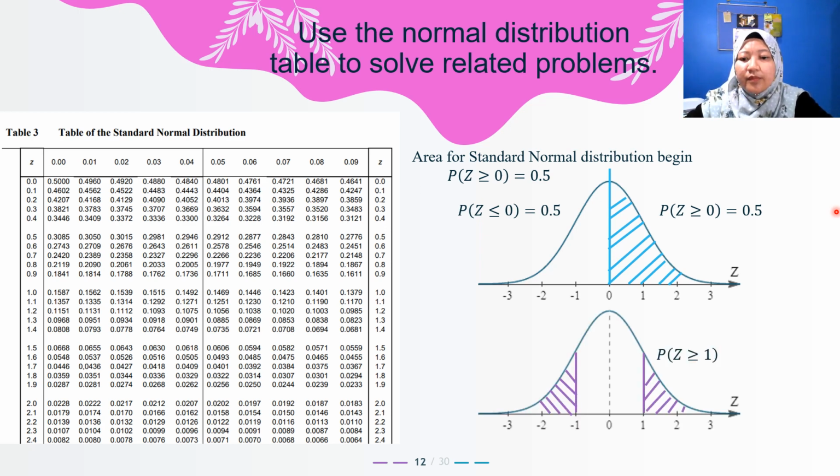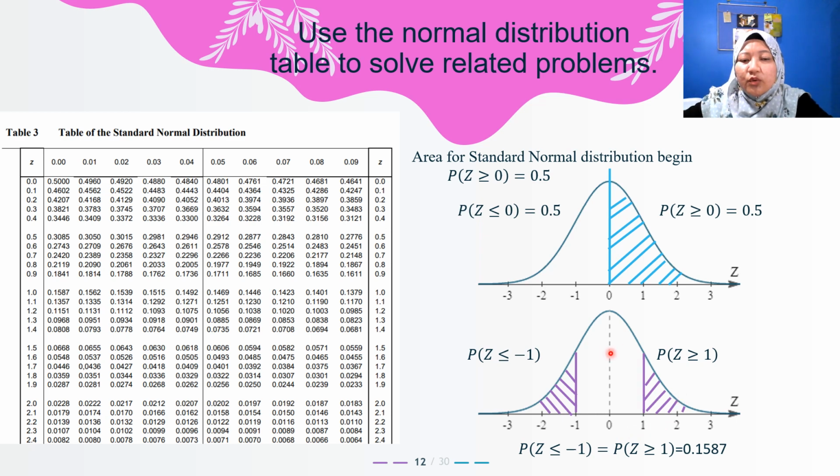So that if we have this area, this one is Z greater than 1. This one is Z less than or equal to negative 1. Since this bell shape is symmetry, maksudnya kawasan ni adalah sama besar.